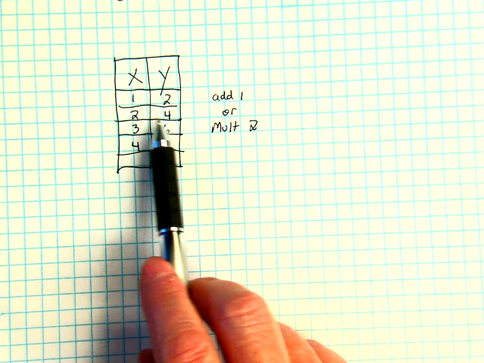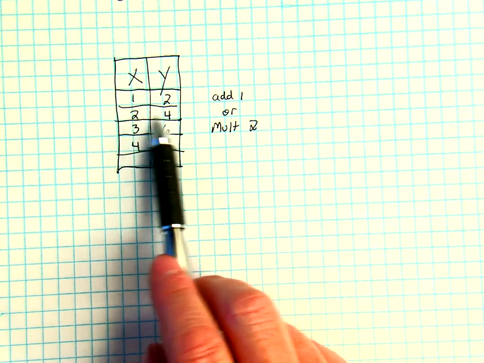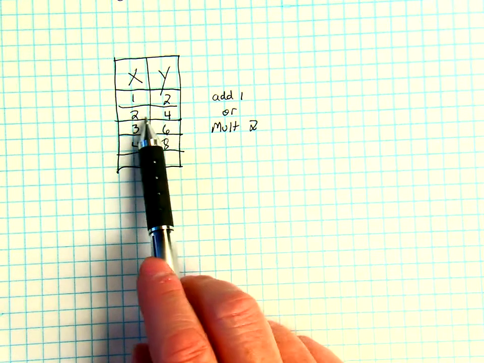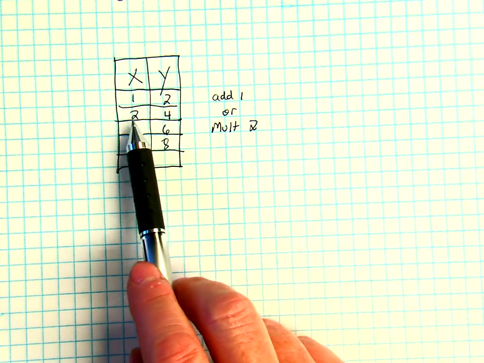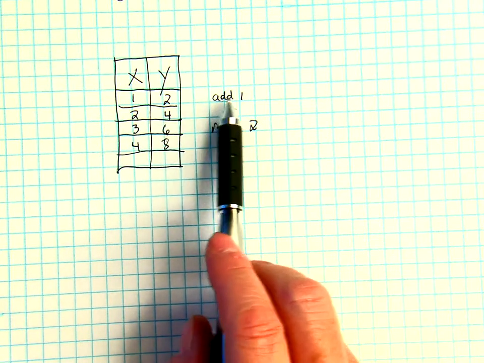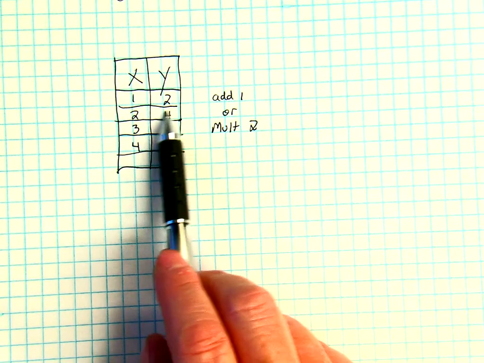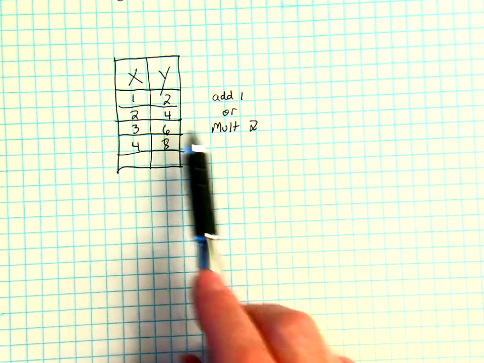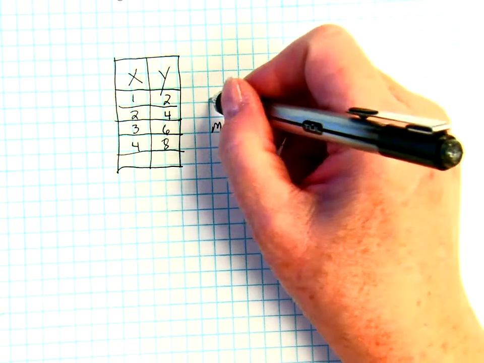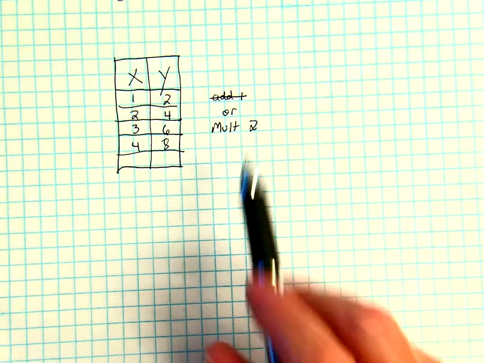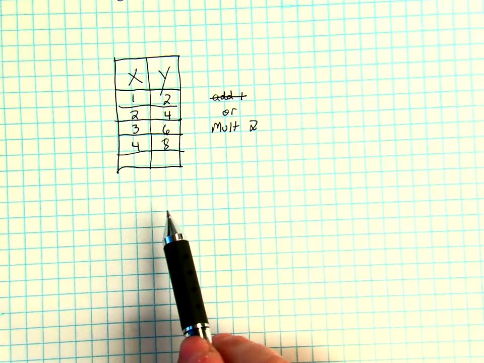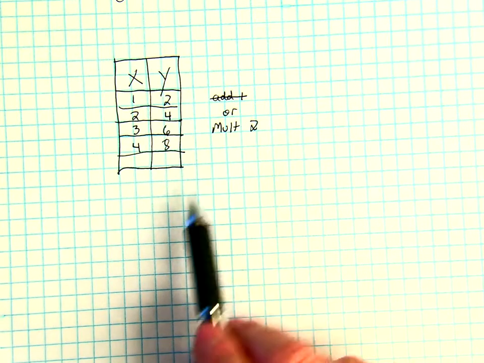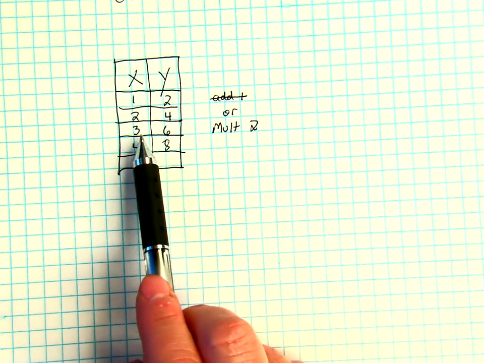So now we're going to look at our second choice here, our second coordinate pair. 2 plus 1 is 3. That's not right because we've got 4. But 2 times 2 is 4. So we know that, once again, we're taking this one off of the table, and we are now looking at multiplying by 2. We'll check the rest.